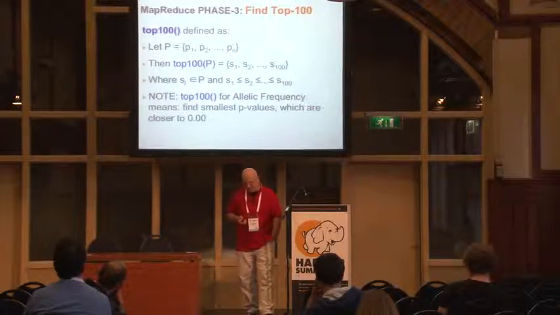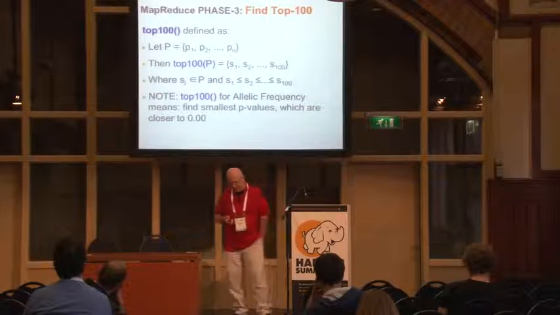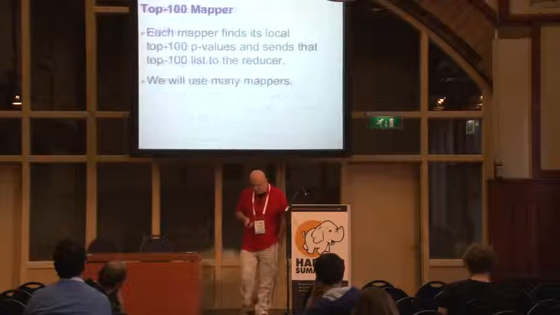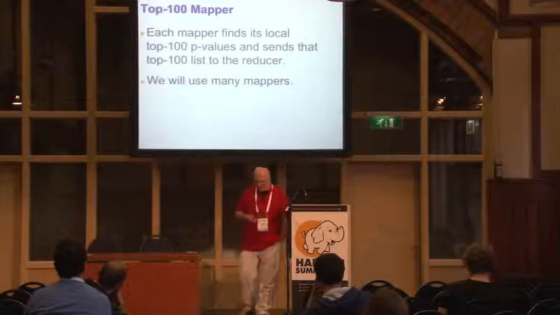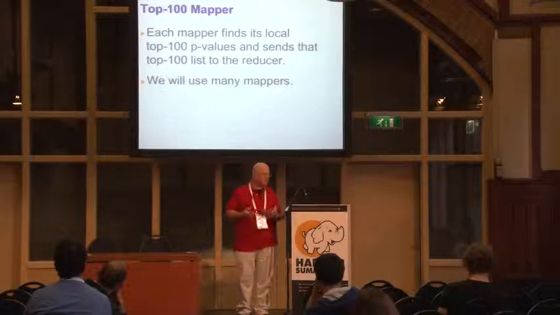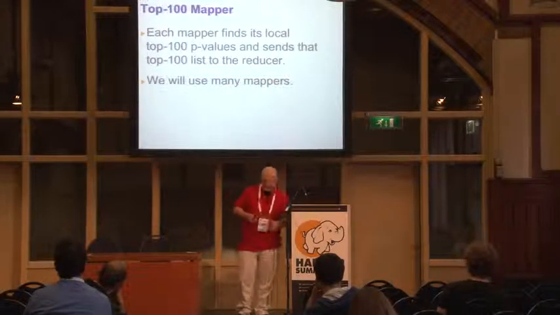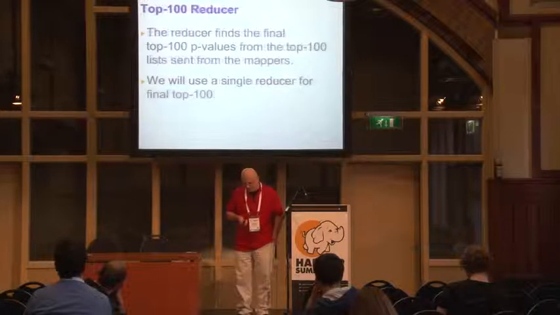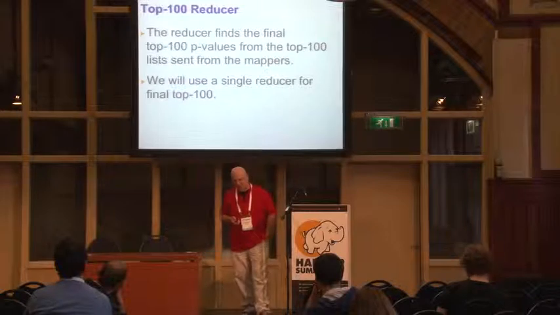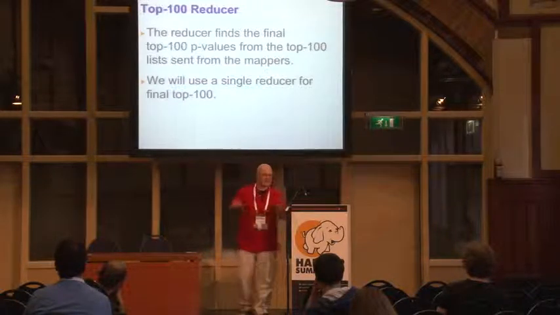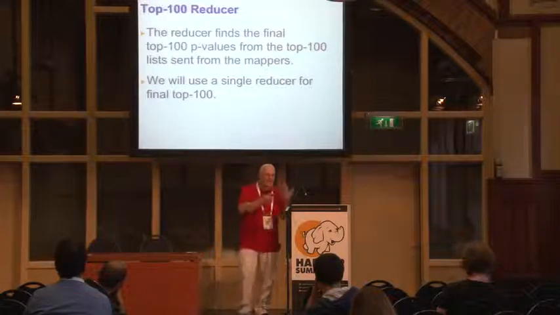And top 100 for the allelic frequency means finding the smallest p-values, which are closer to 0. Okay, the top 100 mapper, each mapper finds its local top 100 and then sends it to the reducer. We will use as many mappers as possible. And the top 100 reducer does the same as the mapper does. Basically, the mapper and the reducers are identical.